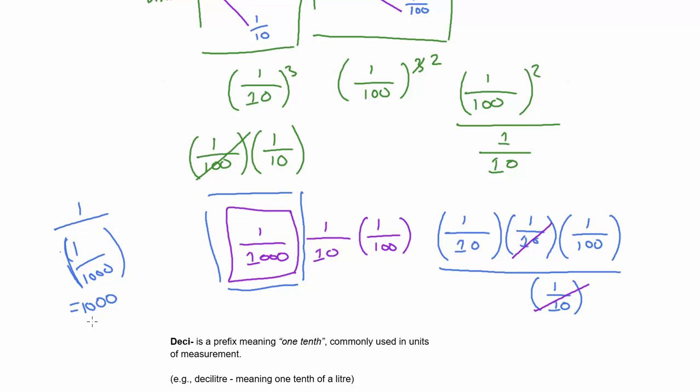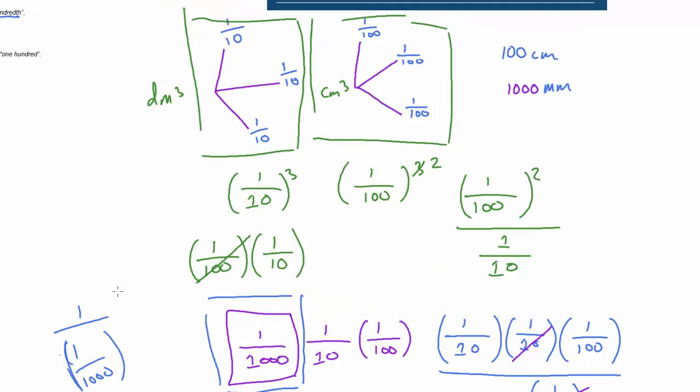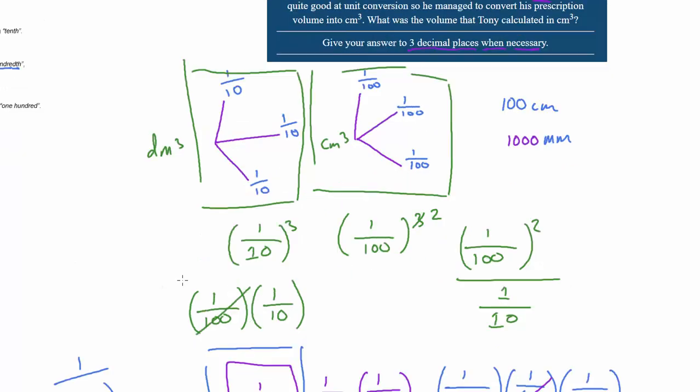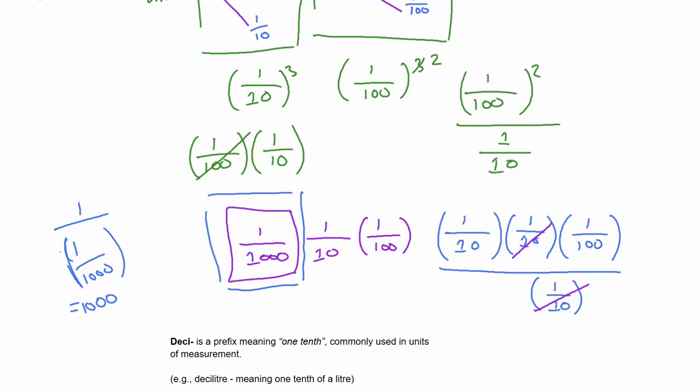Therefore, we can infer that in this case, what we need to do is divide what we have in decimeters cubed by 1/1000, which, as we see from this example, and this example makes it very clear, if you're dividing something by 1/1000, in this case we divided 1 by 1/1000, a much simpler way to put this is that you're multiplying by 1000, okay? Multiplying by 1000.